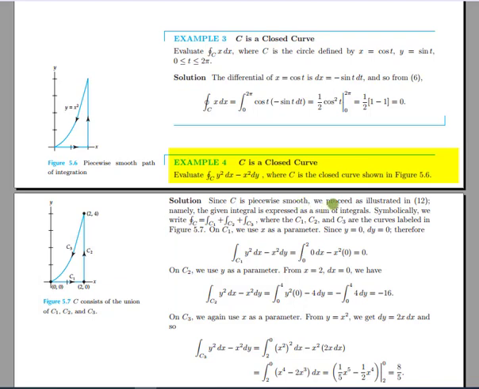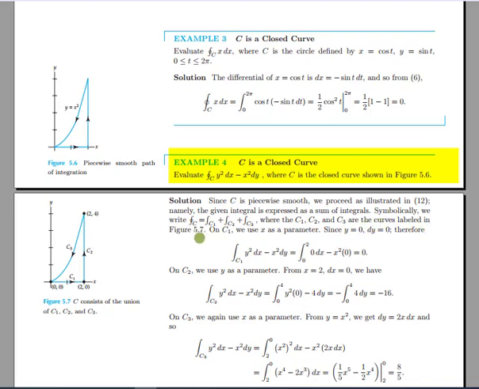Since C is piecewise smooth, we proceed as illustrated in 12. Namely, the given integral is expressed as a sum of integrals. Symbolically, we write the integral over C as the integral over C1 plus the integral over C2 plus the integral over C3, where C1, C2, C3 are the curves labeled in figure 5.7.